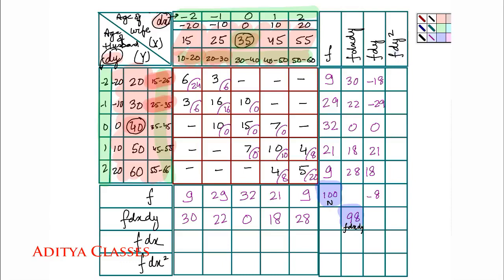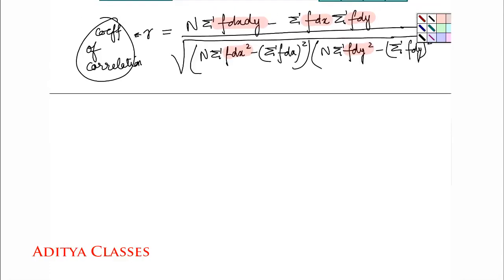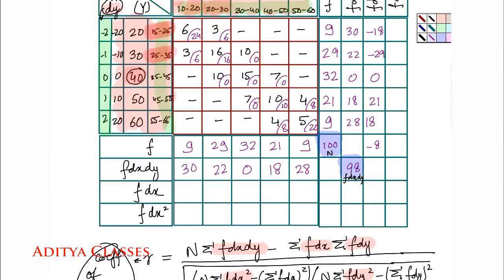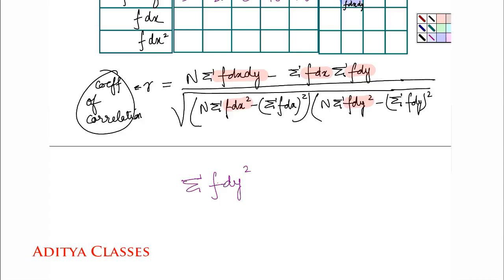Next I need f dy square. Now look carefully. Where students miscalculated, I need sigma of f dy square. What students generally do is, they have this sigma f dy. Let us mark it separately. They have this f dy. They take this dy and square it.